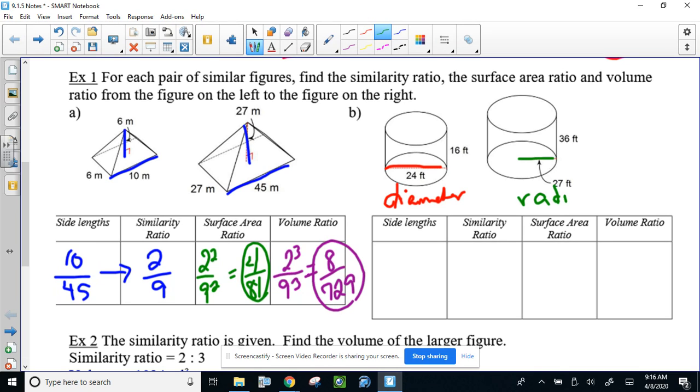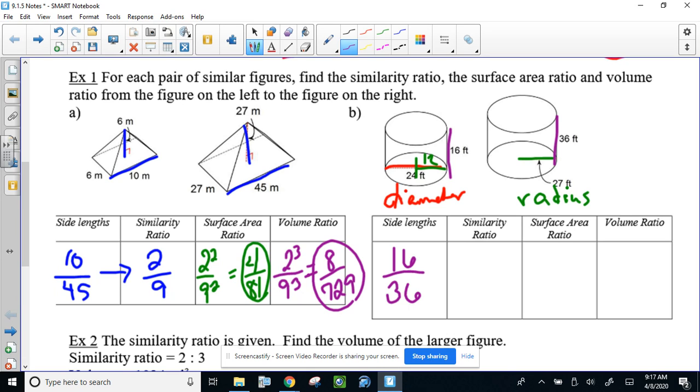So these are not comparable values. We can't put them into the side length ratio because they're not the same side. We could take half the diameter, the 12, and work with our 27, or we could just take the heights for both of these, the 16 and the 36, and compare them that way.